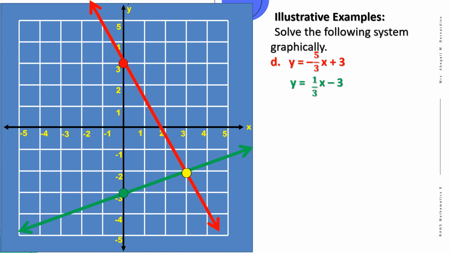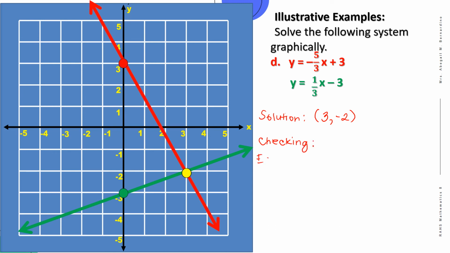Now, here is the point of intersection of the two lines, which is at the point (3, negative 2). So, we're going to have a solution which is (3, negative 2). Then, we're going to check if it is the correct solution.